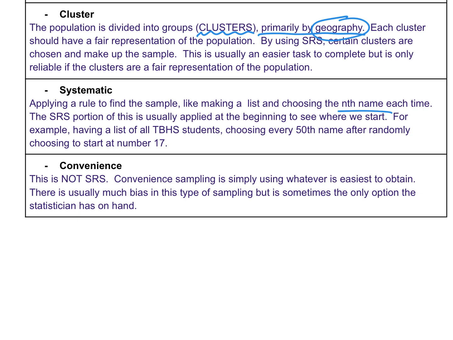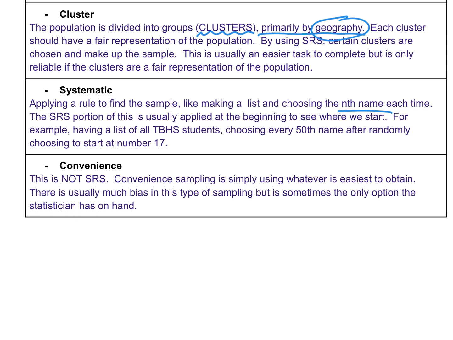That's really easy for me to obtain that data. But just know that there was no SRS in that, okay? So there was no randomly selecting students and getting accurate data. There's a lot of bias when it comes to convenience sampling because, once again, it's just me doing whatever the easiest is for me to obtain, okay?